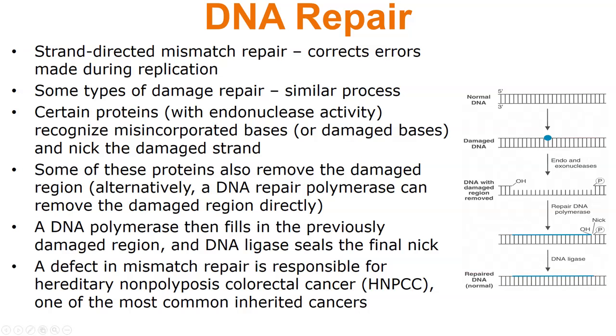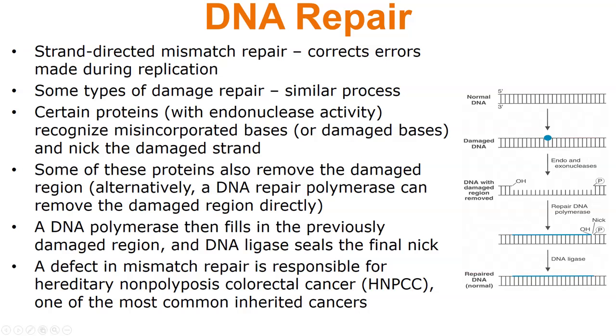Certain proteins, and we're not going to mention any specific ones, but there's a bunch of them, are going to come in and check the fidelity, to see if there's any mistakes. When it moves along and finds a mistake, it knows which strand is the newly synthesized strand. There's going to be some enzymes with endonuclease activity.